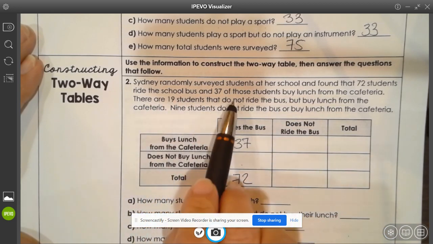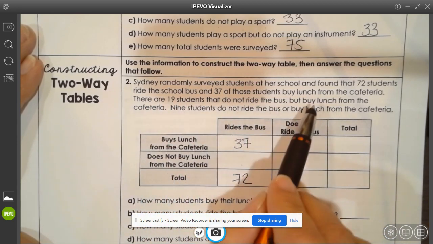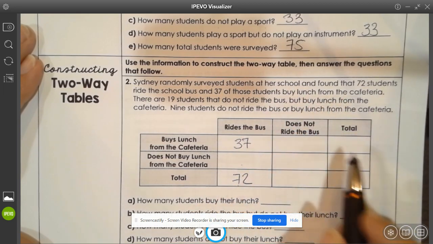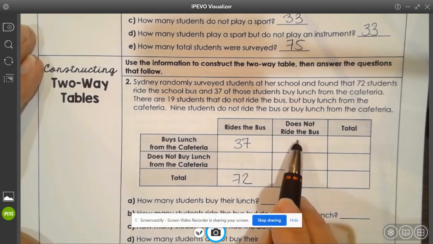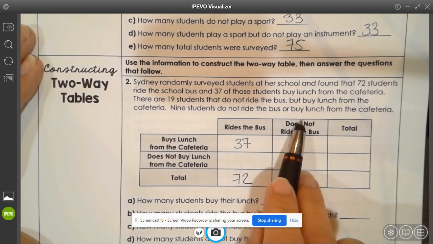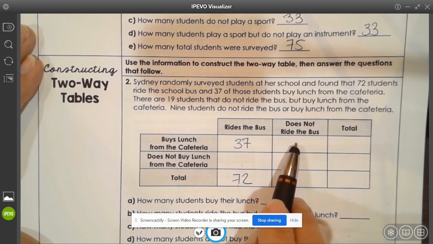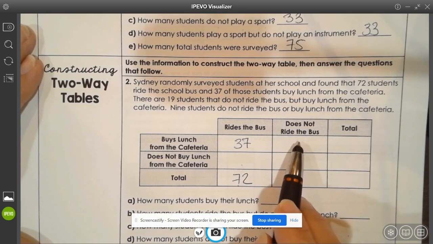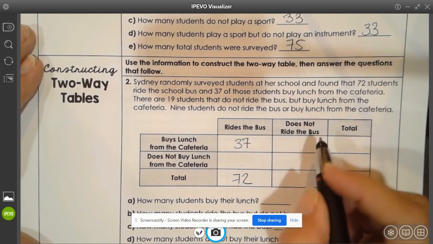There are 19 students that do not ride the bus, but buy lunch from the cafeteria. So they buy lunch from the cafeteria, but do not ride the bus, are here, 19.